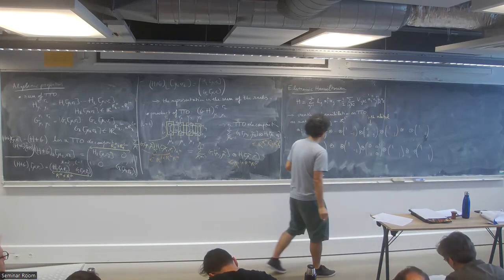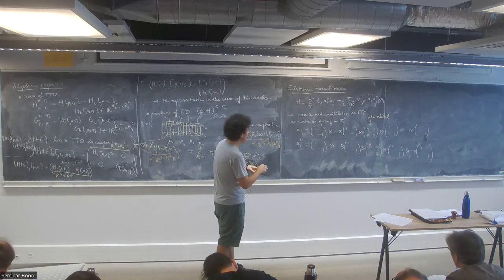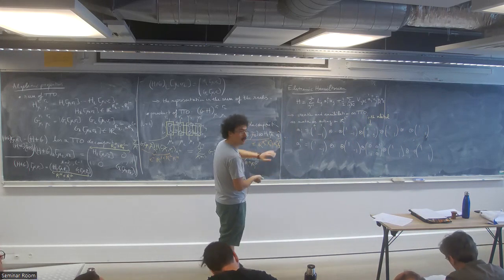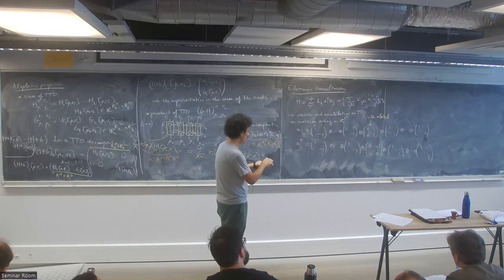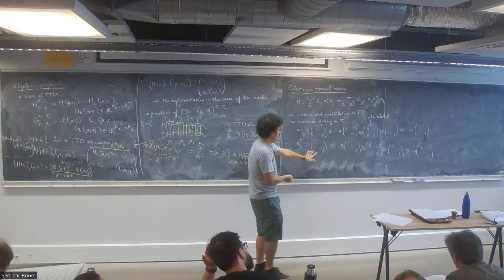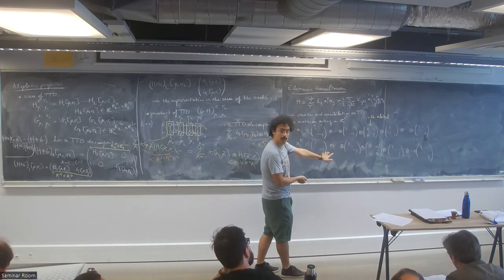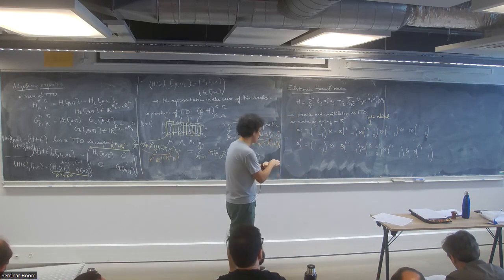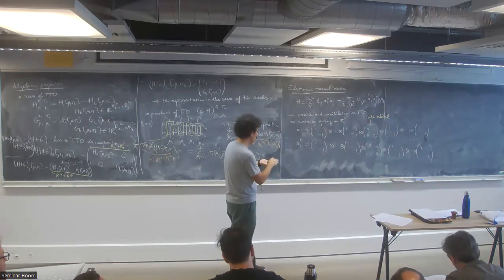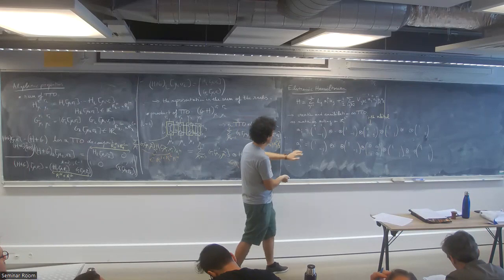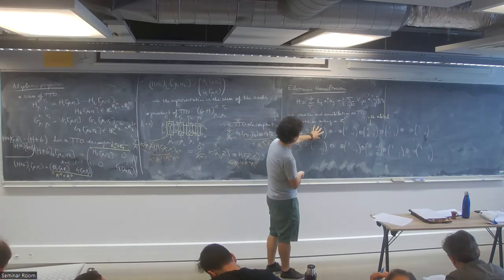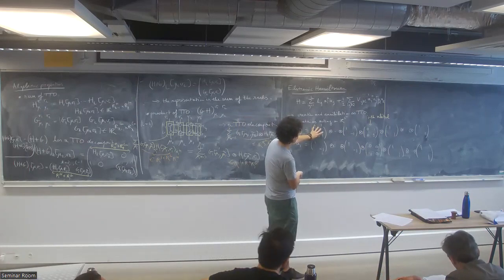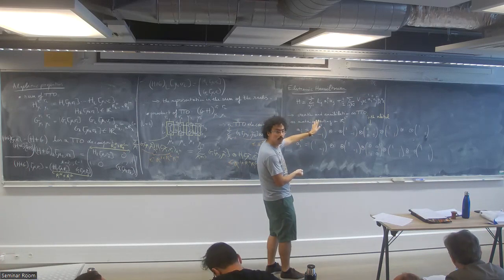Okay. And so here, what you can see is that the creation and annihilation operators have this tensor structure, in the sense that this matrix only acts on the indices mu1 and u1.